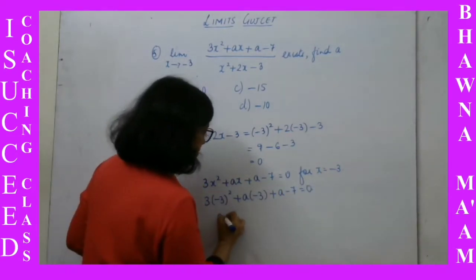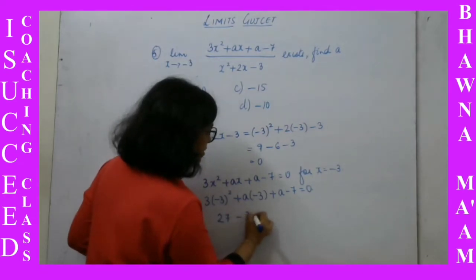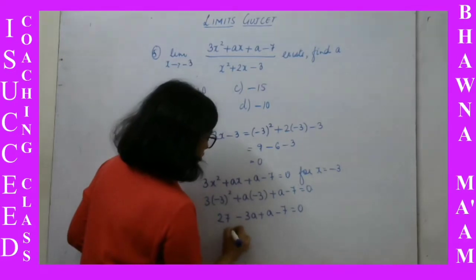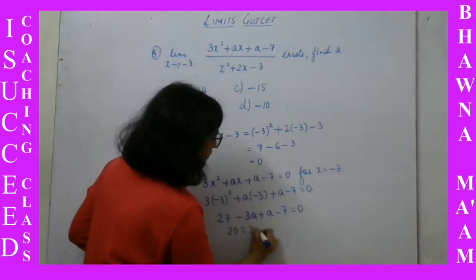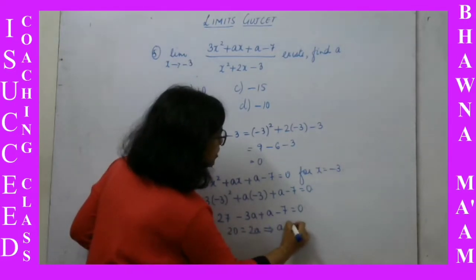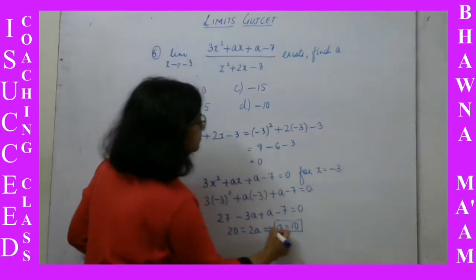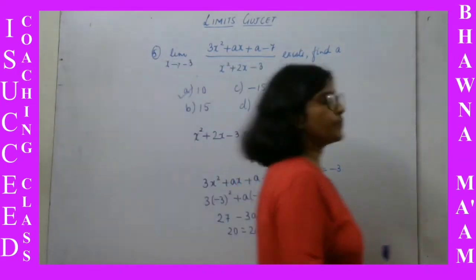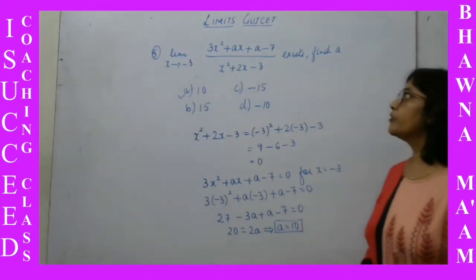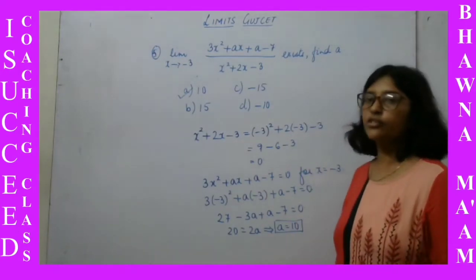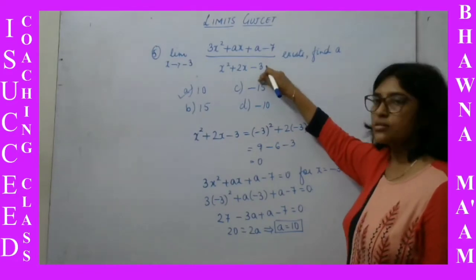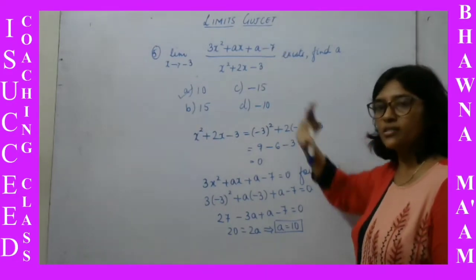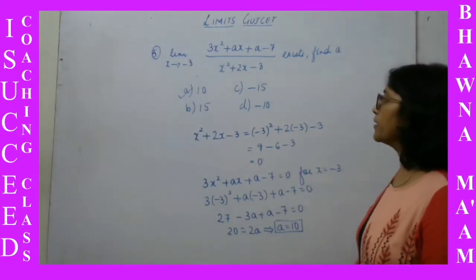So this is 27 minus 3a plus a, or rather it is 20 is equal to 2a. A is equal to 10. So it's option A, a equal to 10. The simple rule, the basic idea of limit, is that if the denominator is 0 and the limit exists, then the numerator also has to be 0. It has to be 0 by 0 form. So that's what we apply here.